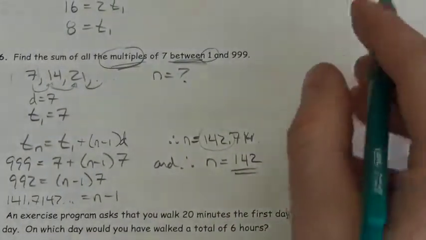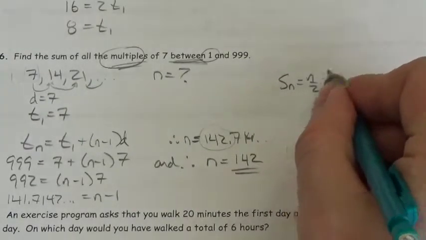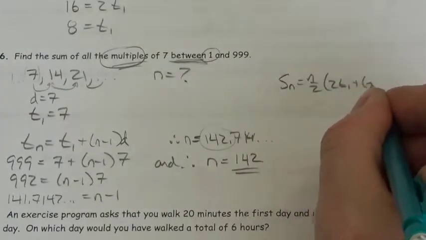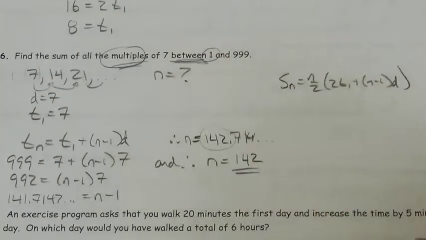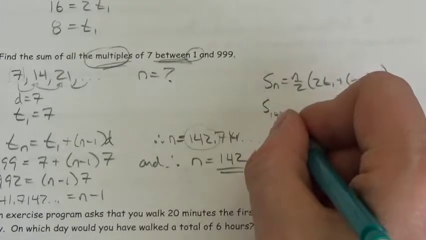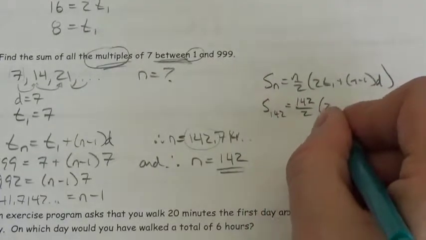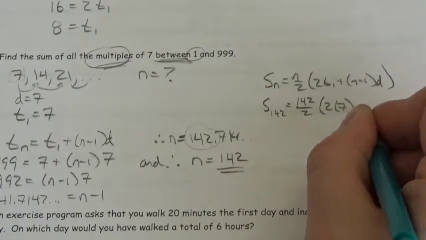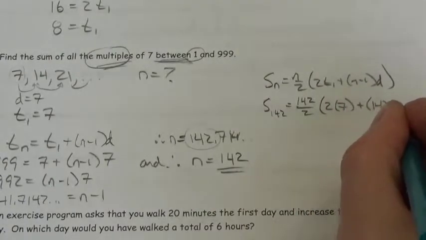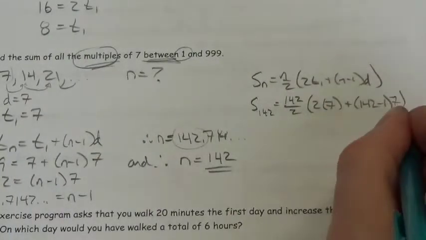And so now I can use my summation formula, plus n minus 1 times d. I know that this is going to be the 142nd sum, so this will be 142 divided by 2, times 2 times 7, plus 142 minus 1, multiplied by 7.